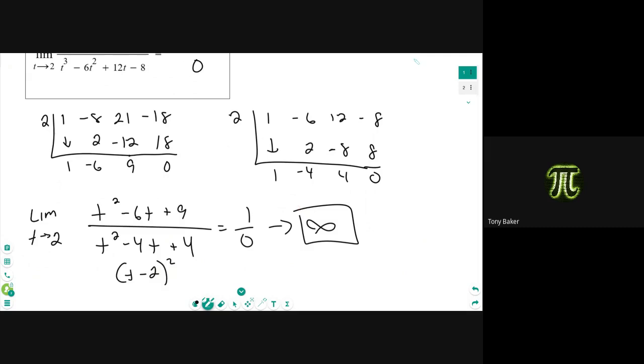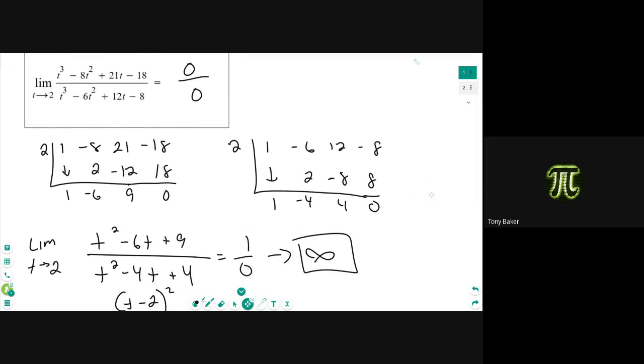That works really, really well when I have something that I can actually factor things out and solve things for.